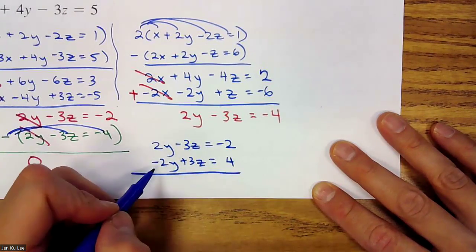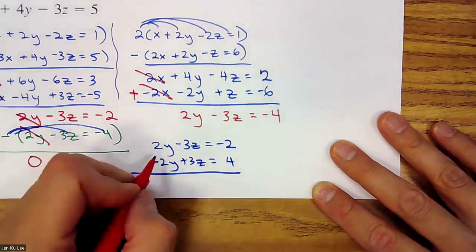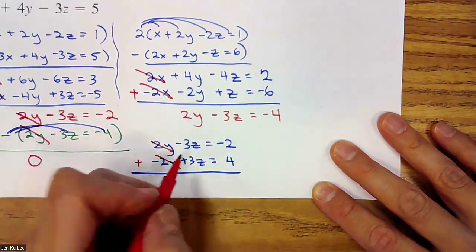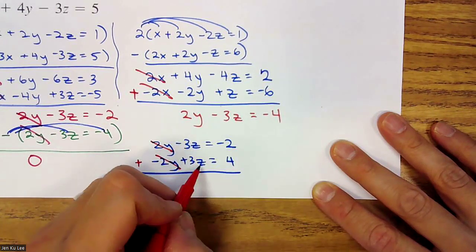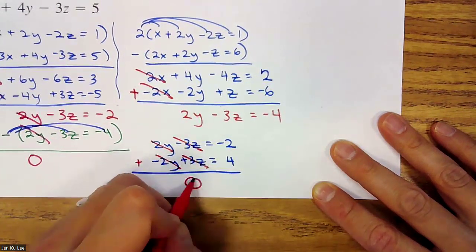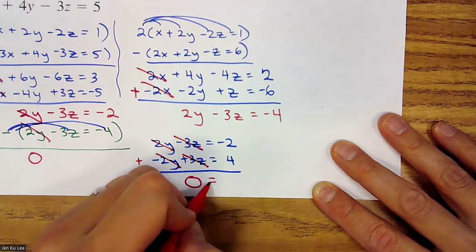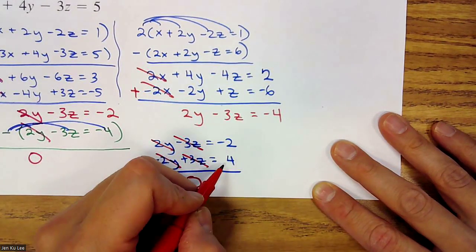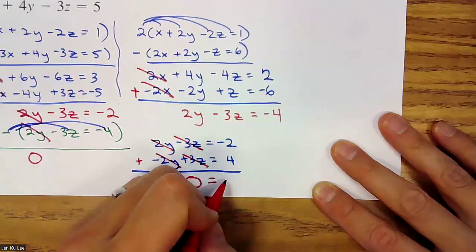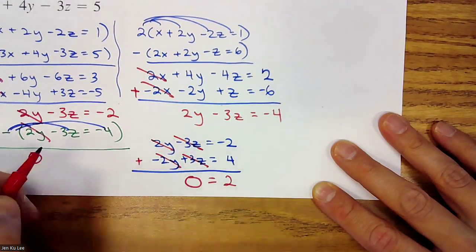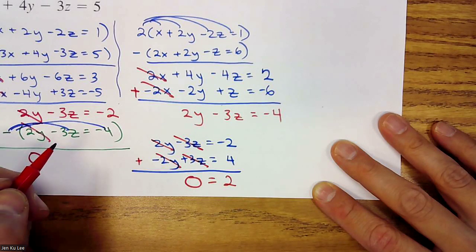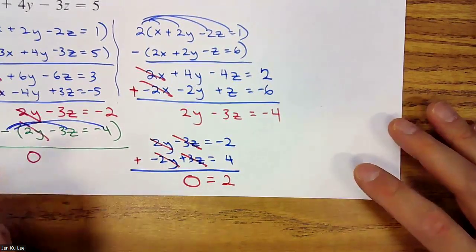So 2y minus 2y, they would cancel out. Negative 3z plus 3z, they would cancel out. So I'm left with a 0 here, right? Equals negative 2 plus 4, that is 2. Yeah, 0 equals 2.